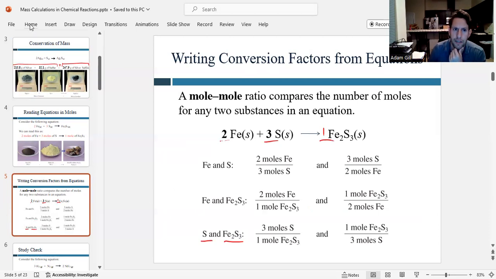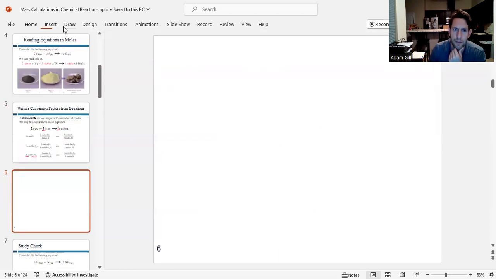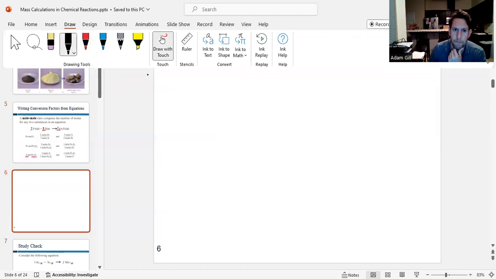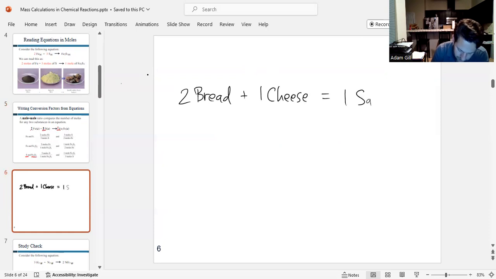Think of this like a recipe. Let's say we're making grilled cheese sandwiches, right? You have 2 breads plus 1 cheese equals 1 sandwich, right?